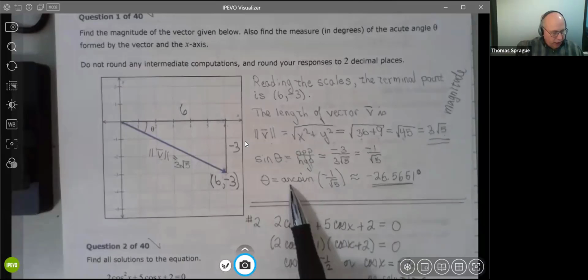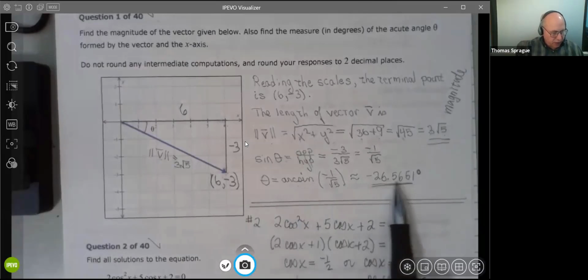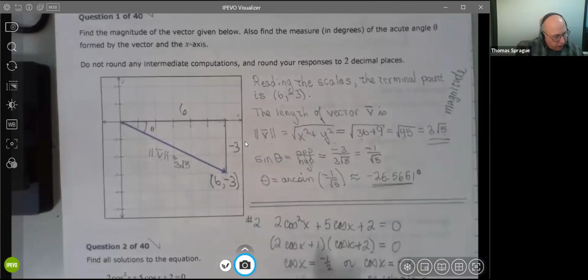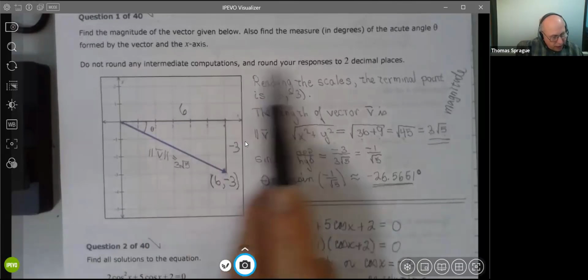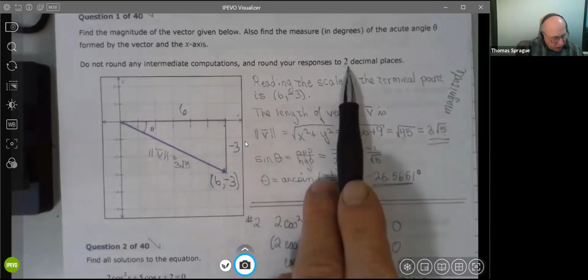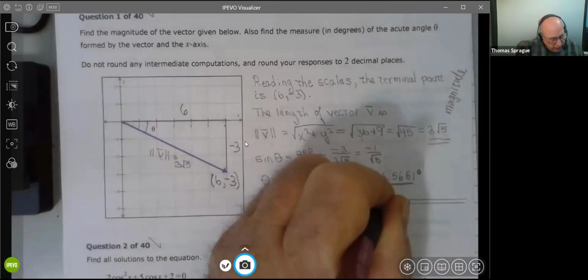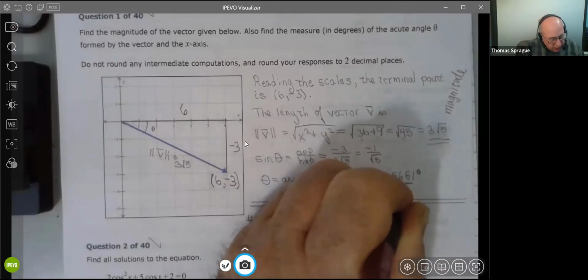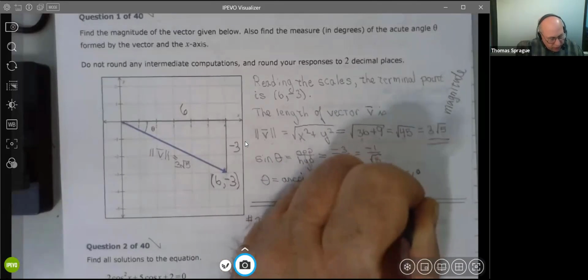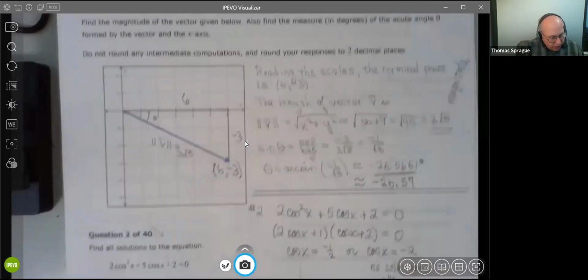Then you get out your calculator and do inverse sine of minus 1 over root 5, and you get about 26.5651. Now, let me think. They said to round this to 2 decimal places. So the proper answer on Alex is minus 26.57 degrees.